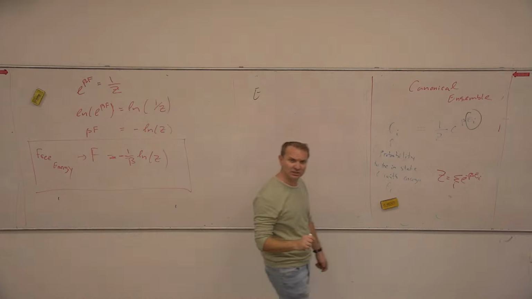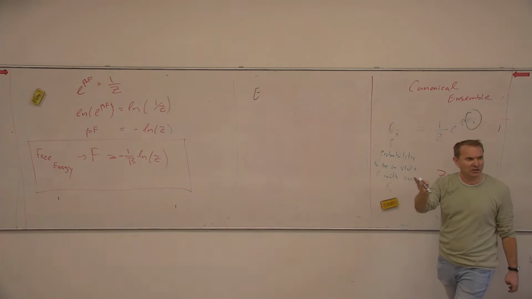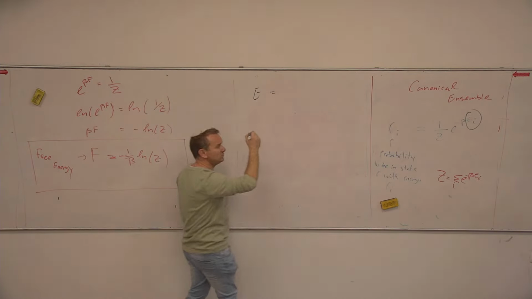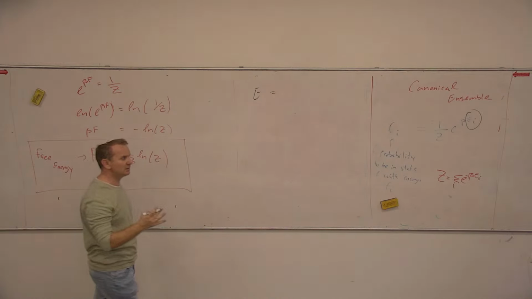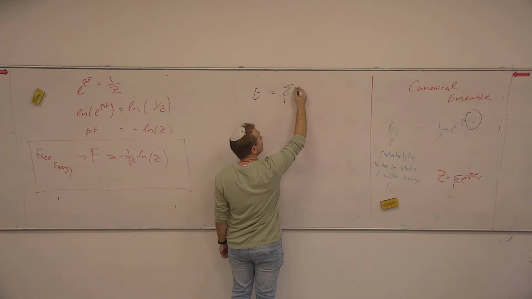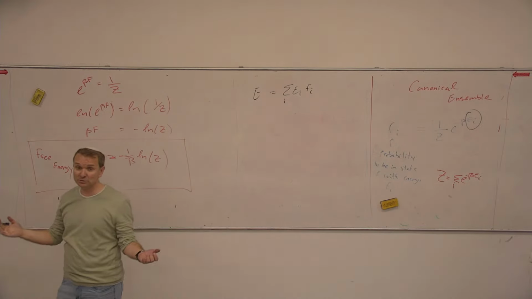E is the average energy, so it's the expectation value. If it's the expectation value, I can use the definition that somebody taught me in probability and statistics for physicists. It is a summation over i of E_i f_i. This is just a simple definition.